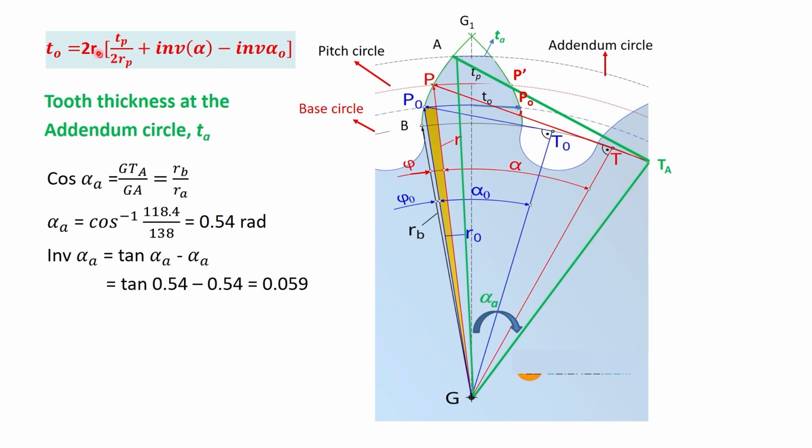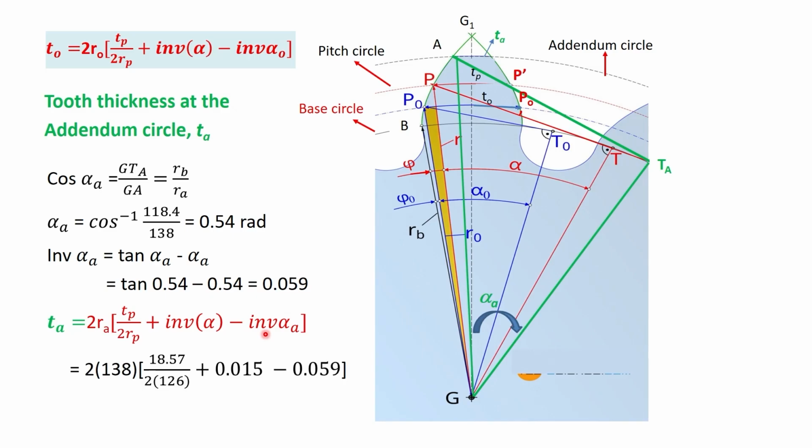So, this RO will become RA, and alpha will remain same, and this alpha 0 will become alpha A. Substituting all these, we get the tooth thickness along the addendum, and that is 8.20 mm.